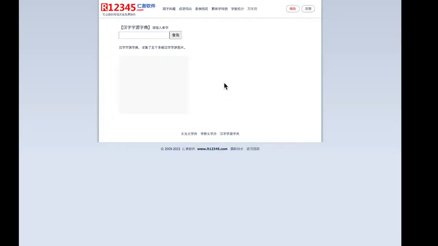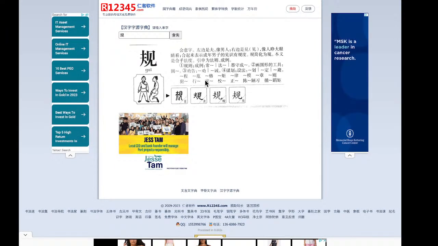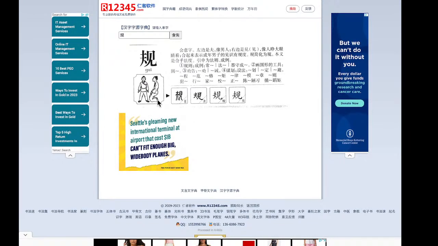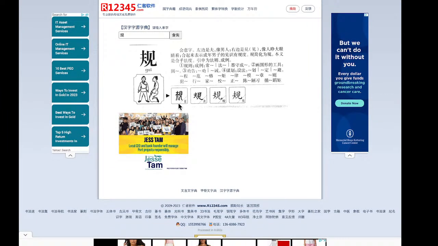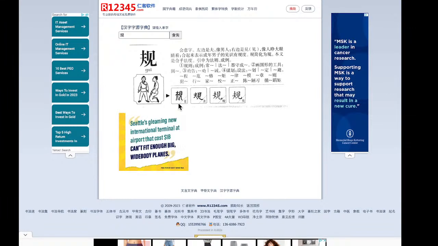规 is compass. The original meaning is compass. It's a tool to draw a circle. The original character looks like a person kneeling down facing another person.